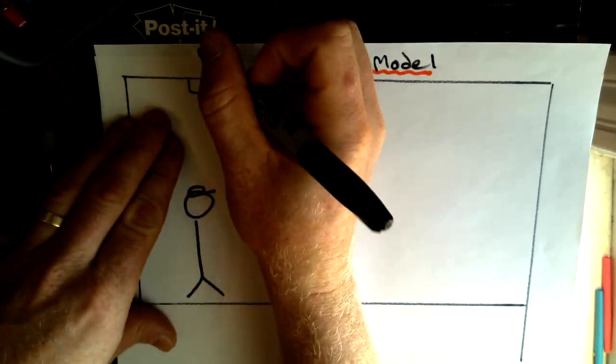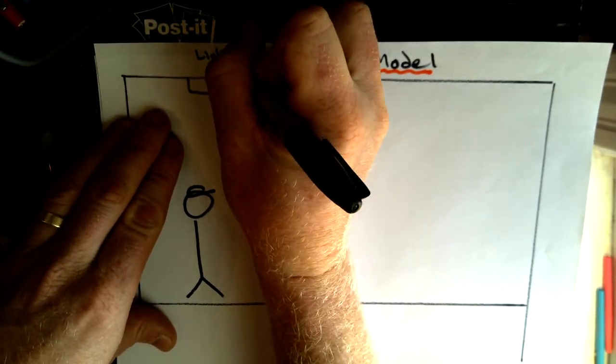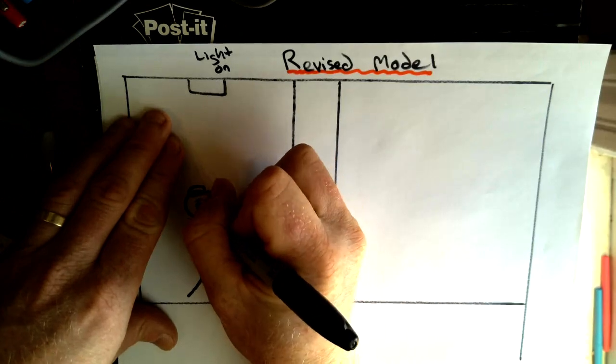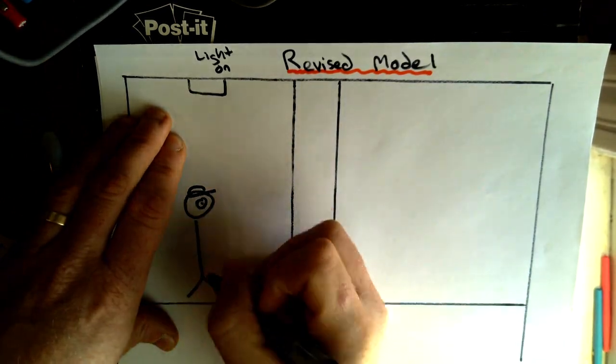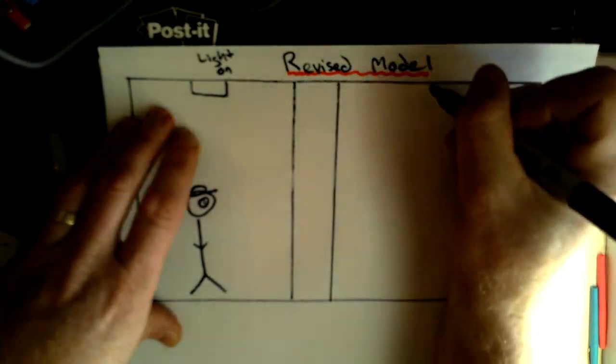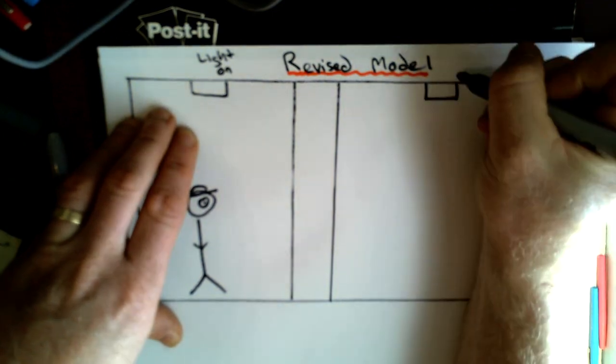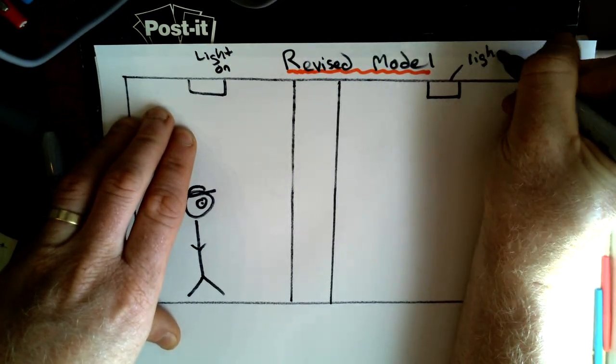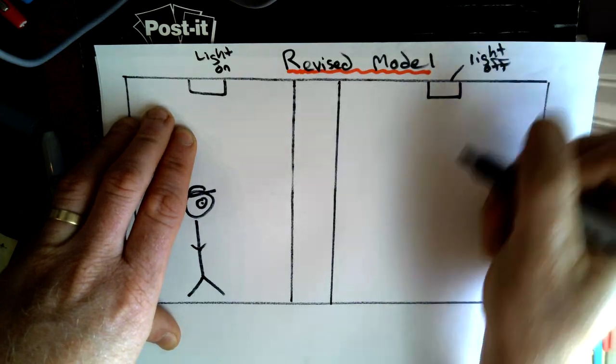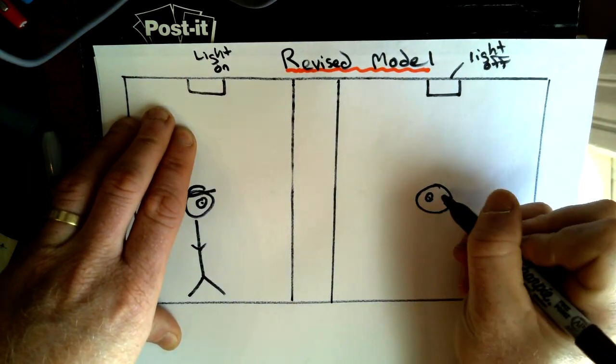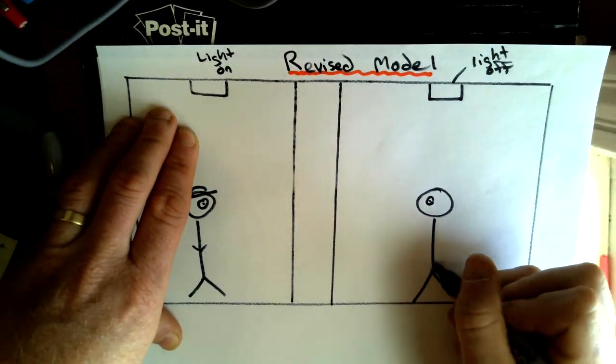We said it was important to have this light on, important to have his eyeball, and we thought that it was important to have this light off in the teacher's room, include the teacher's eyeball, right?